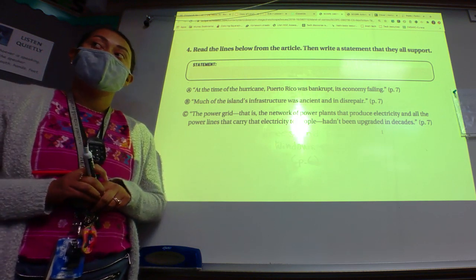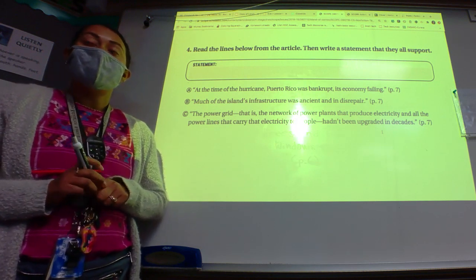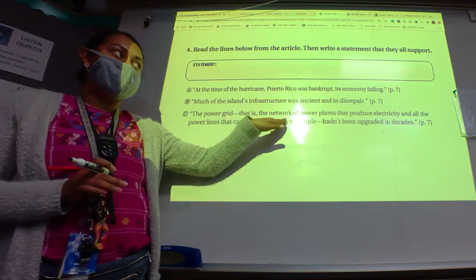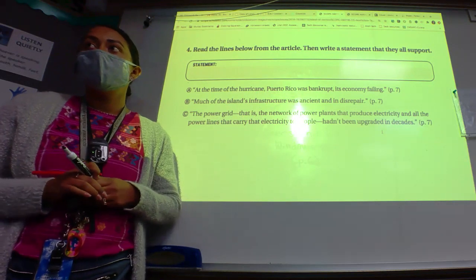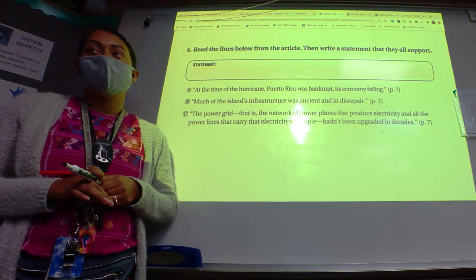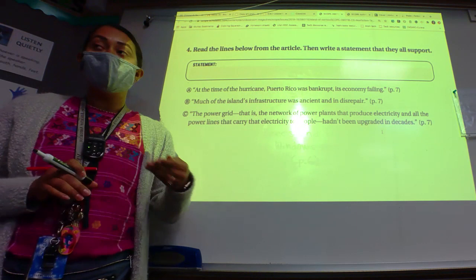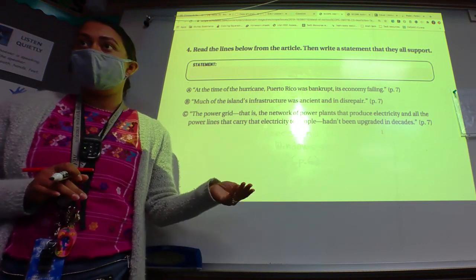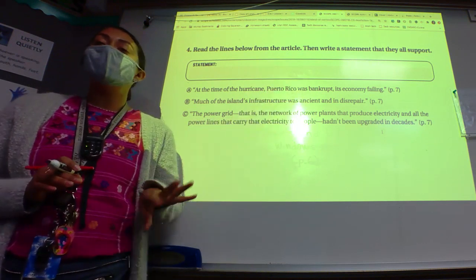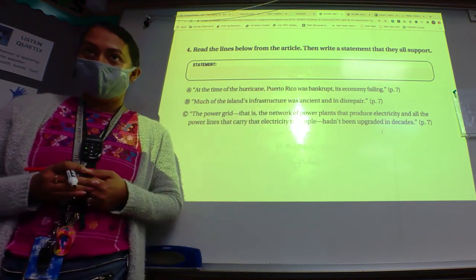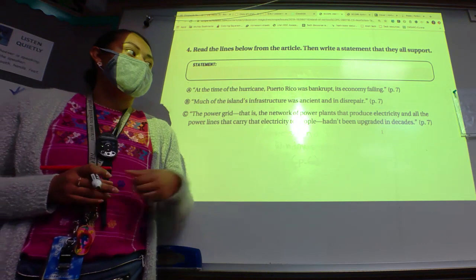During the hurricane? So were all of these things already happening before the hurricane? Well, the infrastructure was old. Yeah, so it was already old before the hurricane. Okay, the economy was failing before the hurricane. Wait, isn't economy jobs?